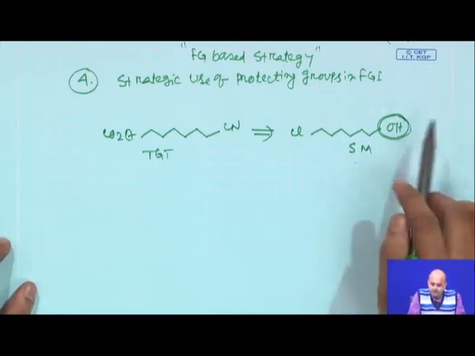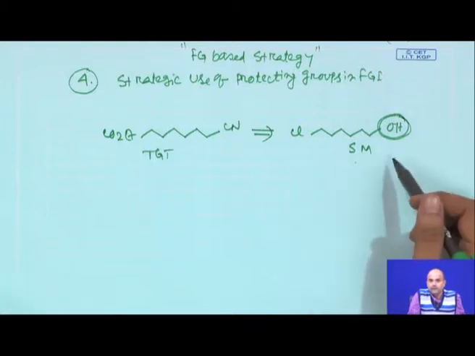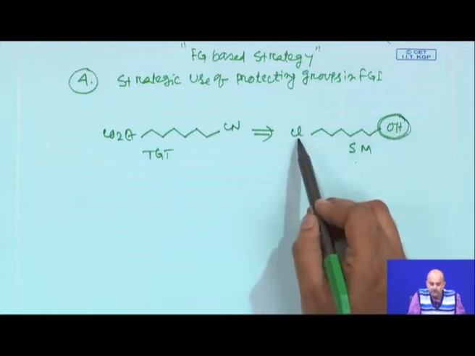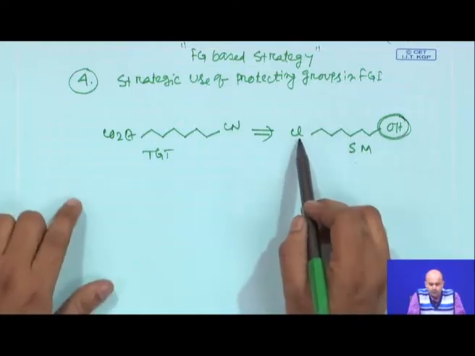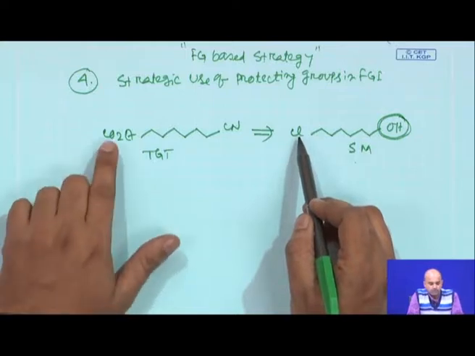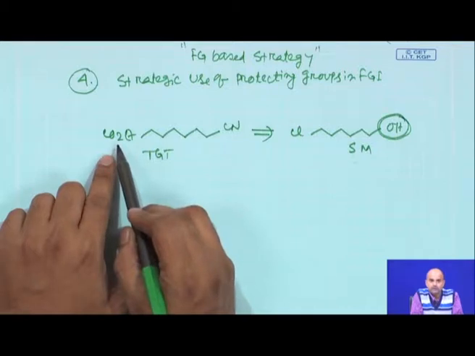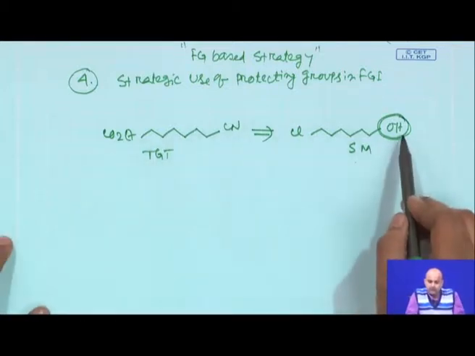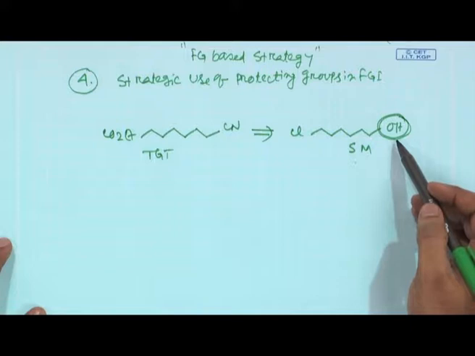So, free OH is having acidic hydrogen, so you cannot use base or some other reagents. For example, you cannot generate a Grignard species from a free hydroxy group. I want to generate a Grignard here which can be quenched with carbon dioxide to give the corresponding carboxylic acid. But the point is if you have a free OH, you cannot generate a Grignard because the Grignard will be immediately quenched by this alcoholic acidic hydrogen.